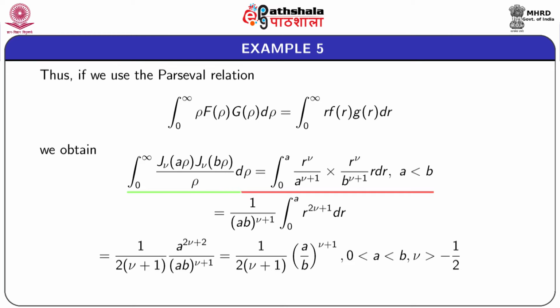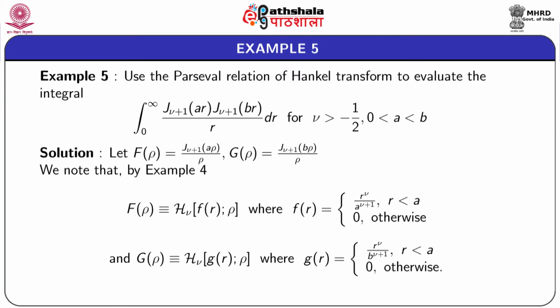This is equal to integral from 0 to a of r to the power nu by a to the power nu plus 1, as we have defined here. Both are defined to be non-zero for r less than a.